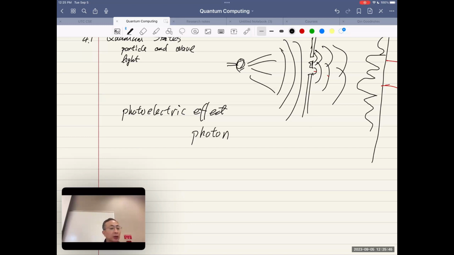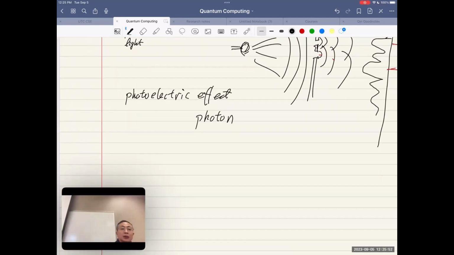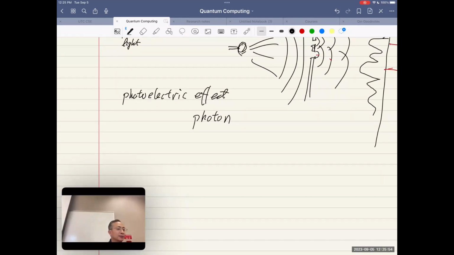And the book then decides to start with the minimal quantum system, what they call the basic quantum system we will be focusing on. So what is this basic system?